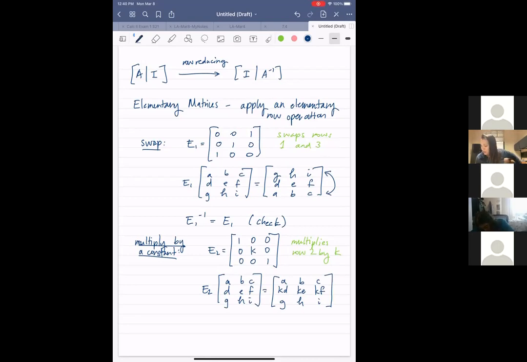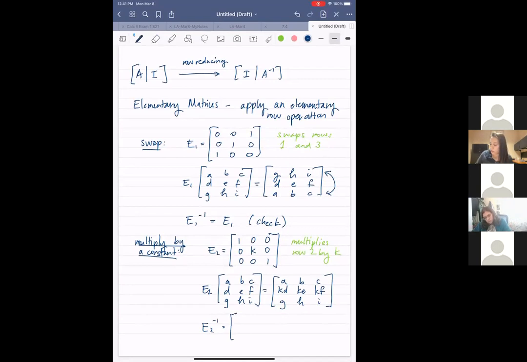And then E2 is also invertible. So if we look at E2 inverse, again, you can compute this, but this also makes sense if you just think about it.